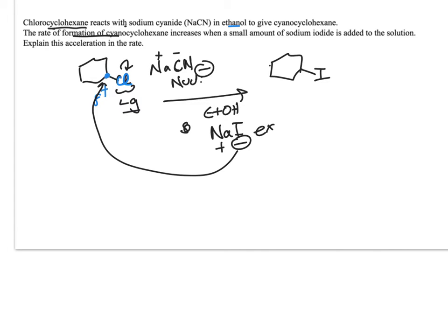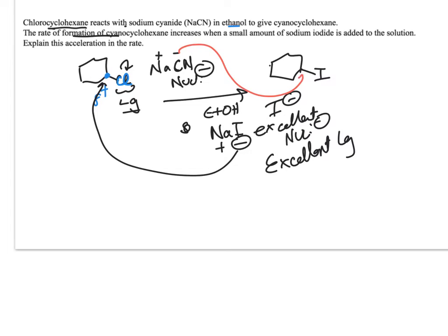This is an excellent nucleophile. Iodide is. It's also an excellent leaving group. So this is why the rate increases here and you get the product.